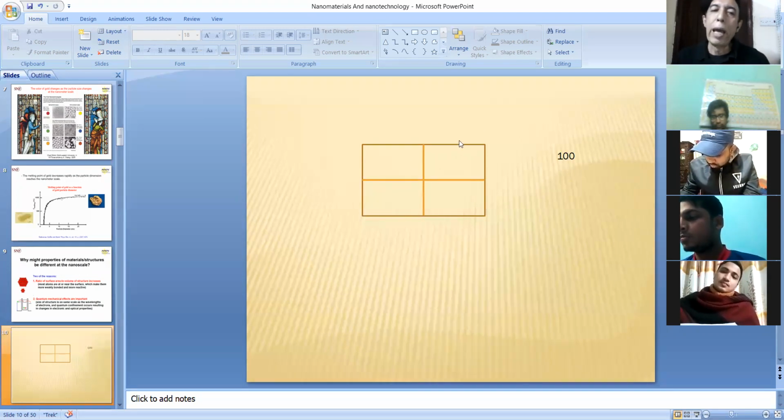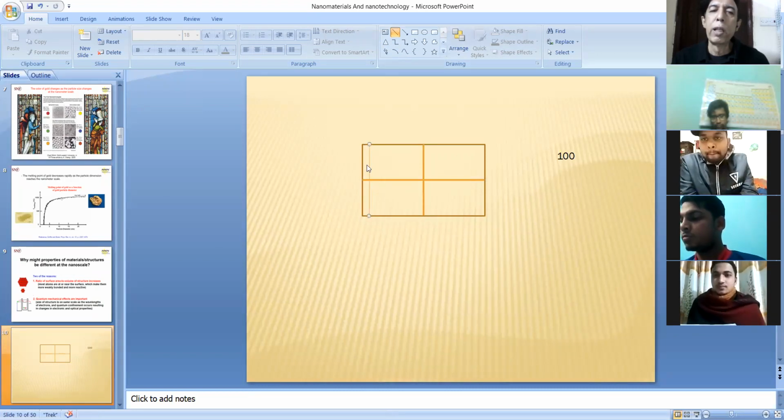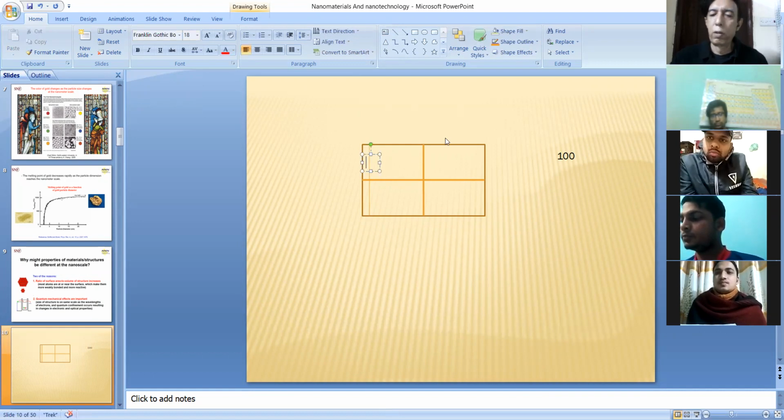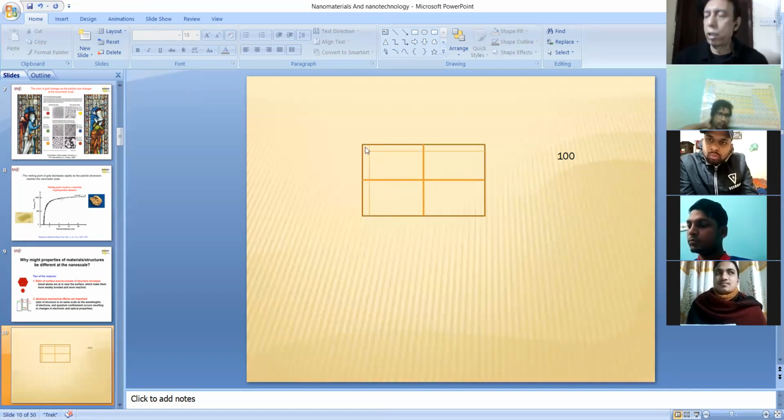It is a bulk material, and if you divide it into the nano scale, very small, say for example, very small squares like that, then you will get lakhs of surface atoms, crores of surface atoms, which will go into the reaction.